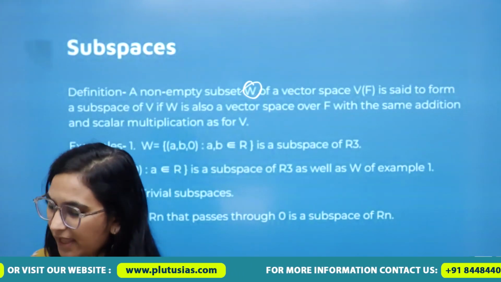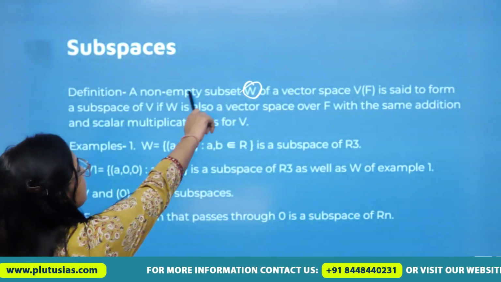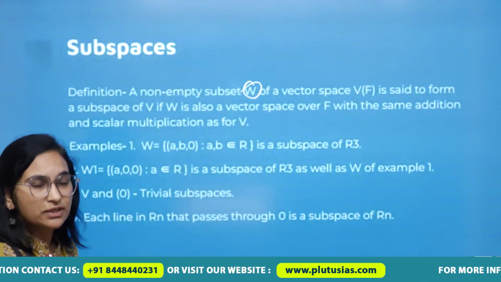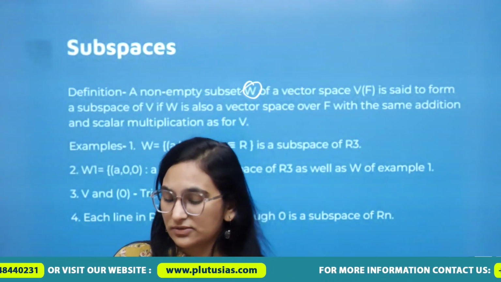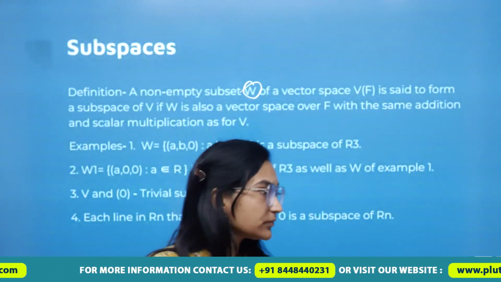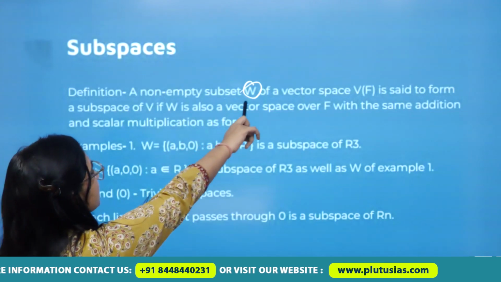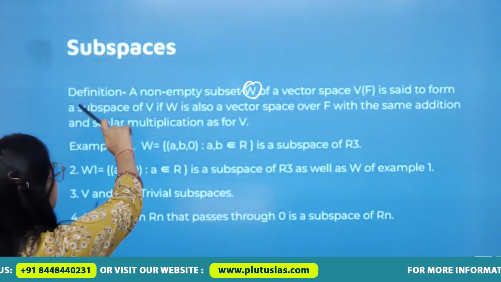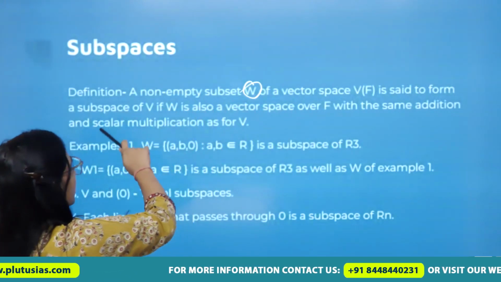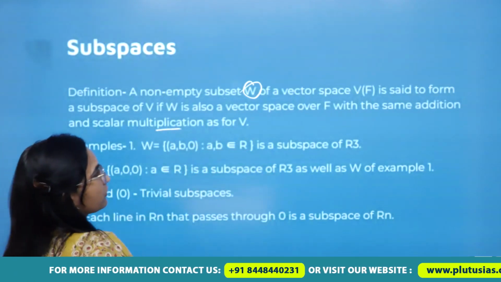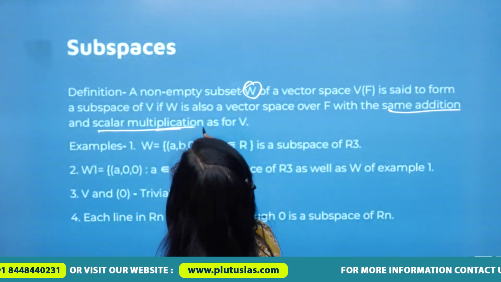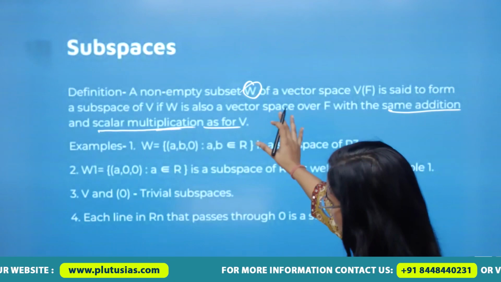Then the definition is that any non-empty subset W of a vector space V over F is said to form a subspace of V if W in itself is a vector space over F with the same addition and scalar multiplication as for V. These addition and scalar multiplication can be other operations too if they are defined properly.